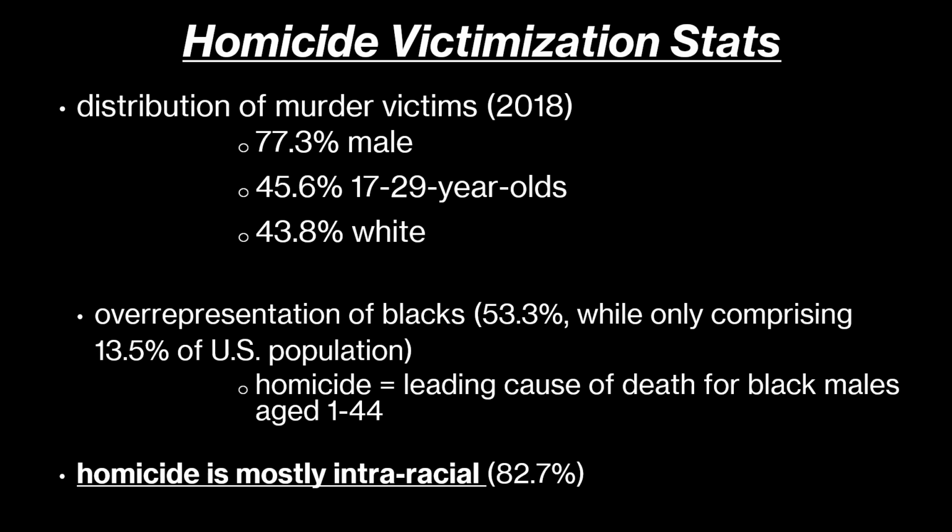Most homicides are intra-racial, about 83%. Now, intra-racial means same race on race. So Black on Black, white on white, Hispanic on Hispanic. So the majority of our homicides are Black on Black homicides. Let that sink in.